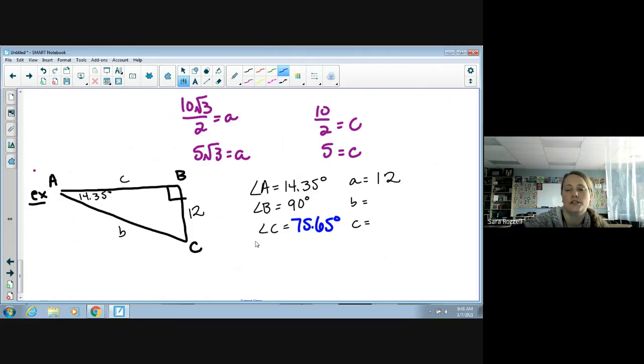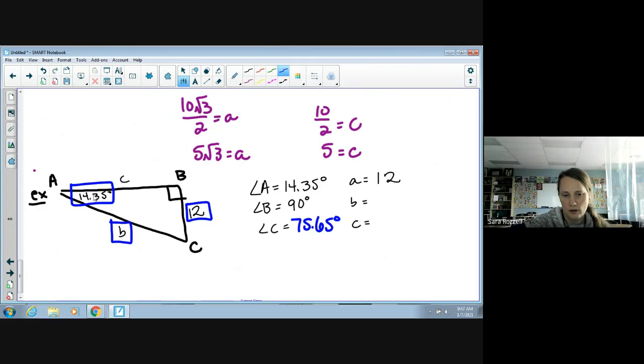Now, which side do you want to find first, B or C? Does it really matter? Okay, let's go with B then. So here's the angle that I've given. This is what I'm looking for. This is what I know.